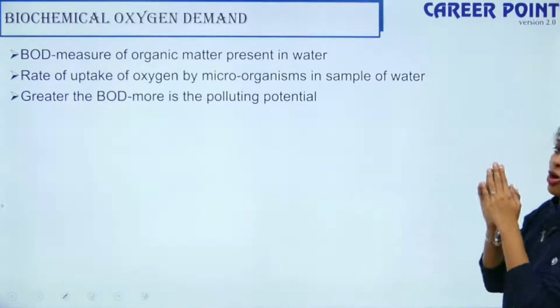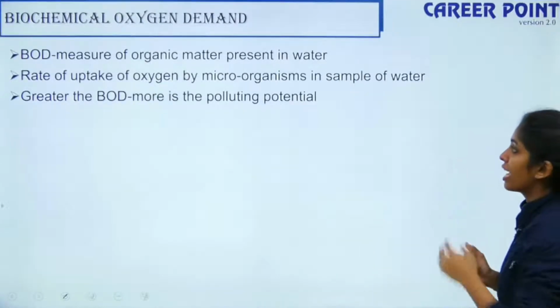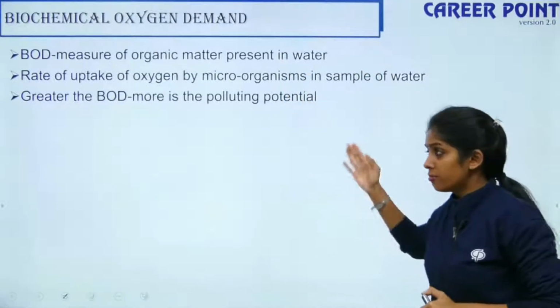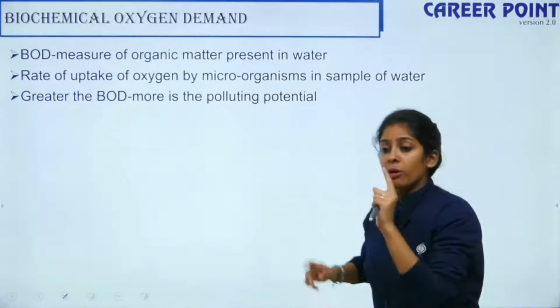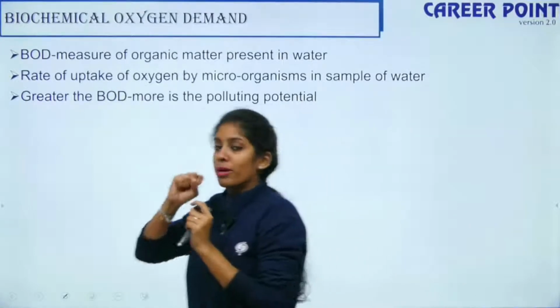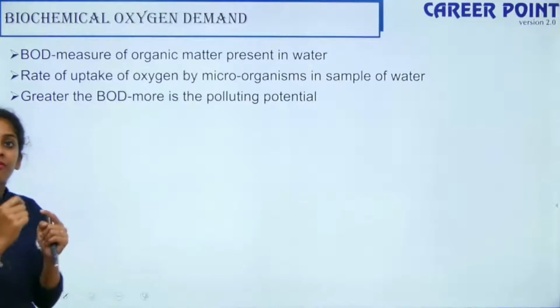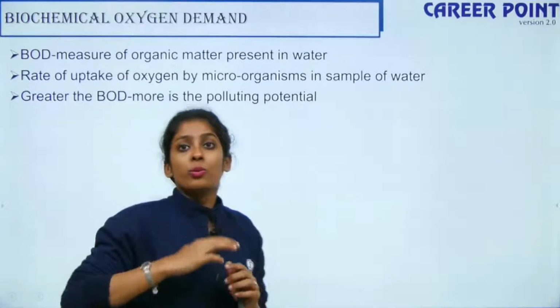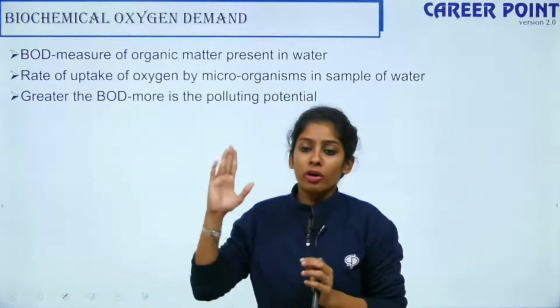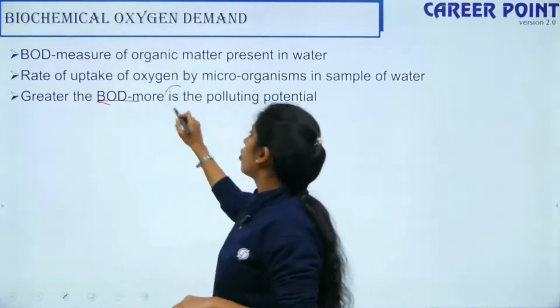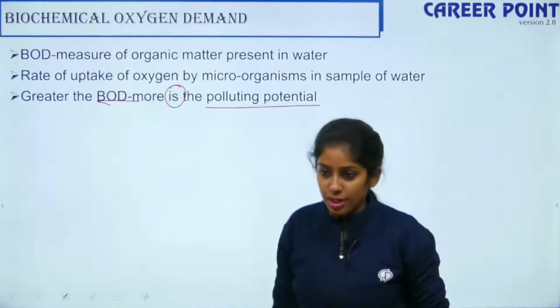The rate of uptake of oxygen by microorganisms in a sample of water is your biochemical oxygen demand. BOD is the measure of oxygen taken by your bacteria, right? If the measure of oxygen is more, there was more organic matter present. So the greater the BOD, the more its polluting potential.